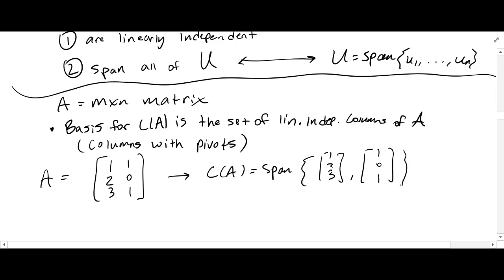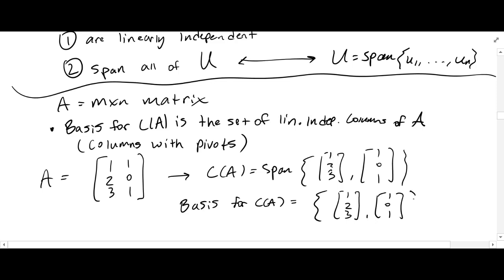And a basis for the column space of A is just these two columns. So not the span, but just two columns. This was a really simple example, but you can imagine if there's 10 columns or something, then it could be difficult to determine which of the columns you need for a basis. And so in that case, you would do row reduction and find which ones have pivots.